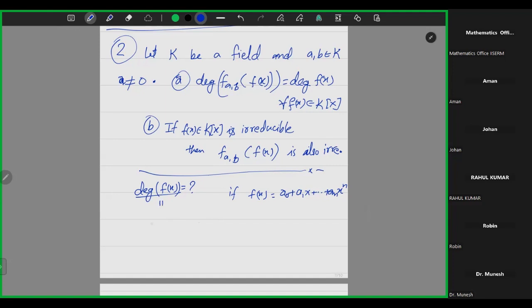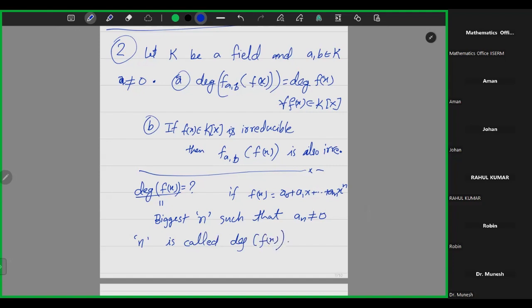This is nothing but the biggest n such that An is non-zero, then n is called the degree of Fx.